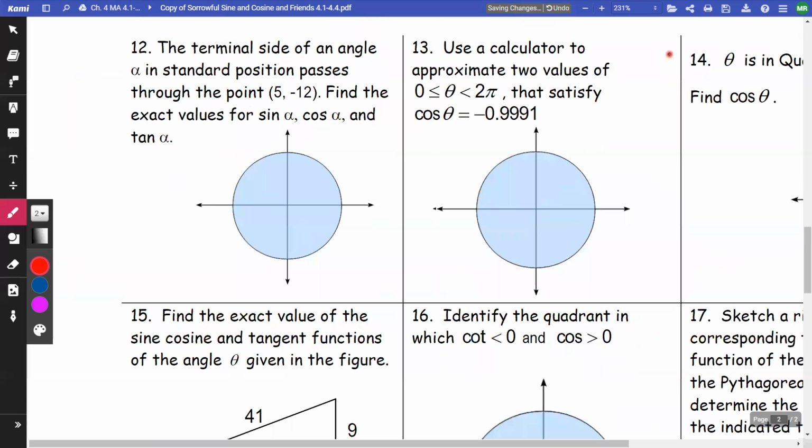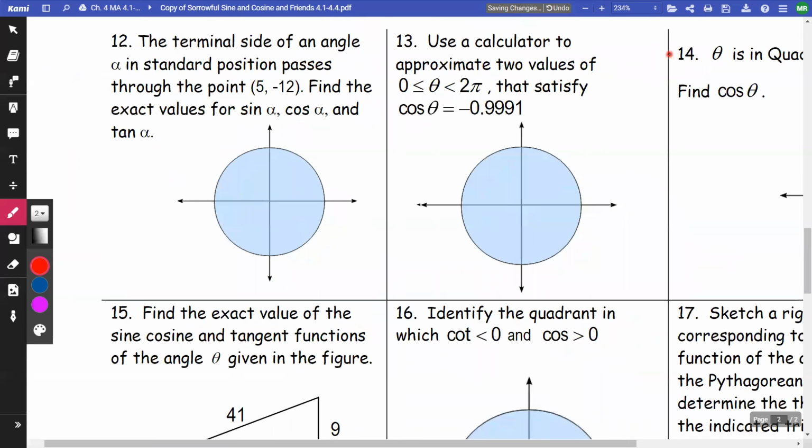On 12, the terminal side of an angle is in standard position and passes through the point 5 comma negative 12. Let's just say that that is 5 comma negative 12. So let's say I'm going like that. And we want to figure out the sine and cosine and tangent for that.